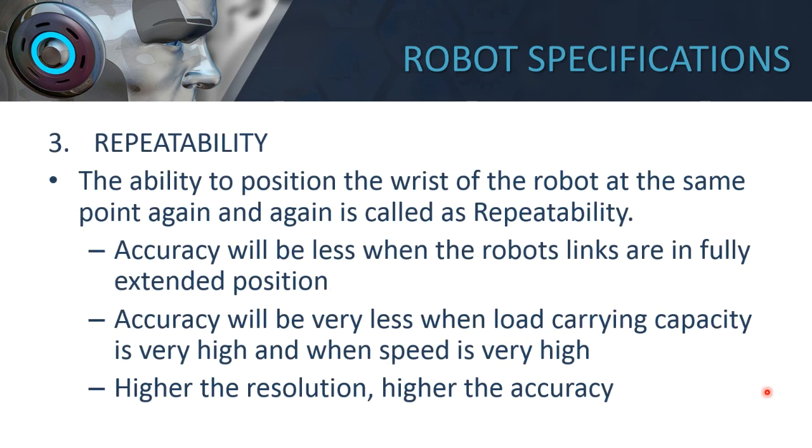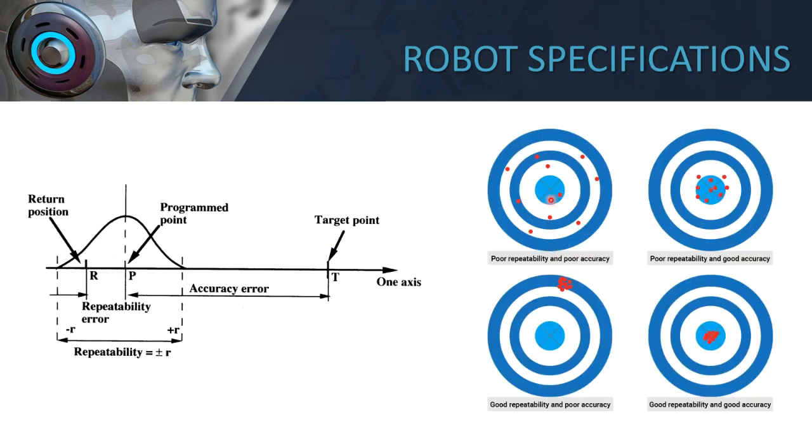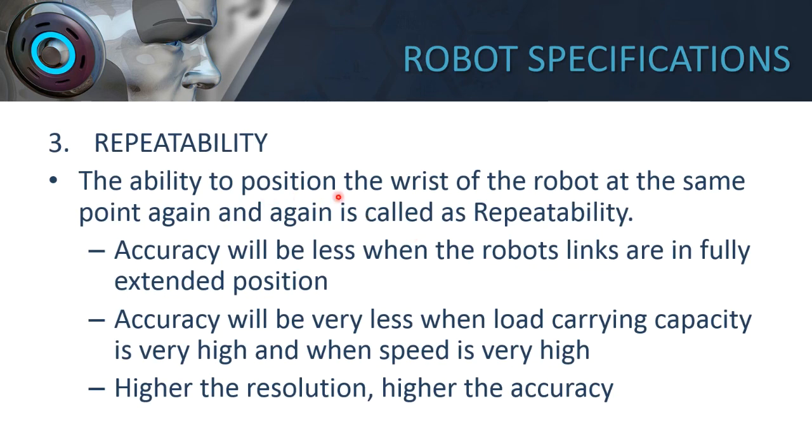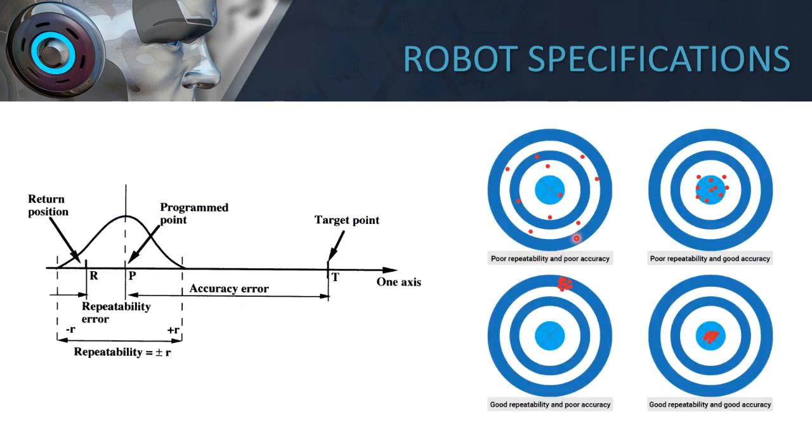Now repeatability. The ability to position the wrist of the robot at the same point again and again is called repeatability. Here you can see the first one says poor repeatability and poor accuracy, because it is not reaching the same point again and again, but reaching different locations.